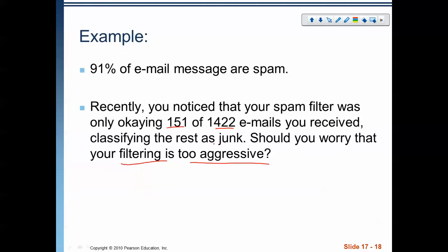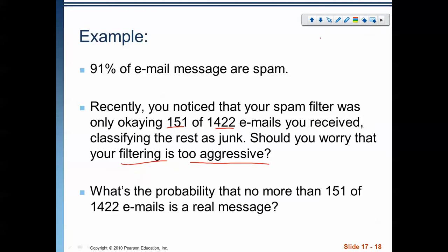If the probability of this happening is too low, then this means that it might be too aggressive. So what we're looking for is the probability that no more than 151 out of 1,422 emails are real messages. So we're looking for 151 and smaller.